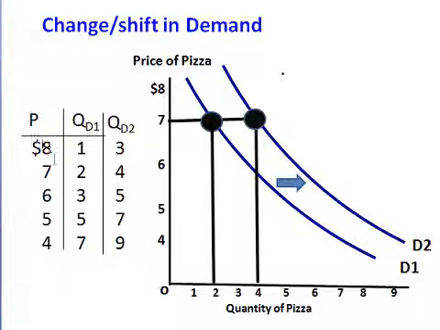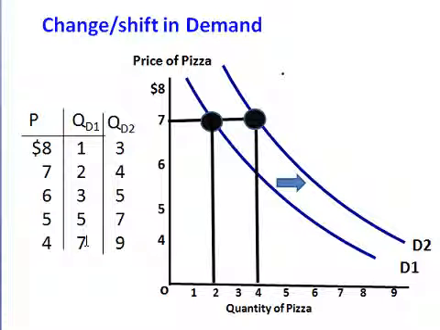When the price is $8, this particular consumer buys one pizza. When it is $7, that means when the price drops, this consumer buys two pizzas. And when it is $4, this consumer buys 7 pizzas. That means when the price drops, this consumer buys more and more.